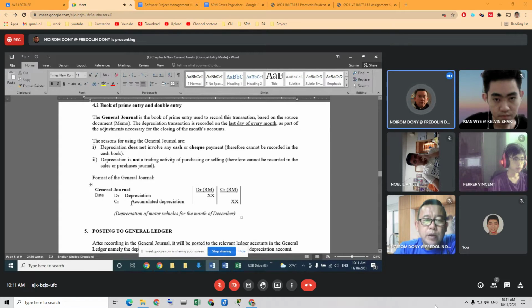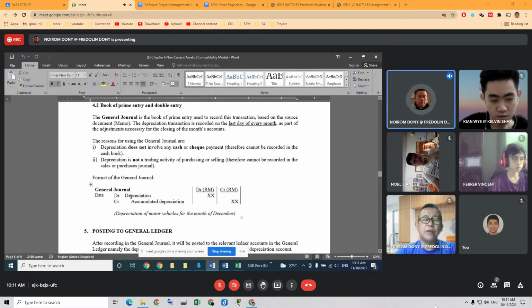When you put the name of the account that is being debited, you justify it to the left. And when you put the credited account, accumulated depreciation like this, you put it a little bit to the right. Can you see the gap here between depreciation and accumulated depreciation? That distinguishes between the debited account and the credited account.